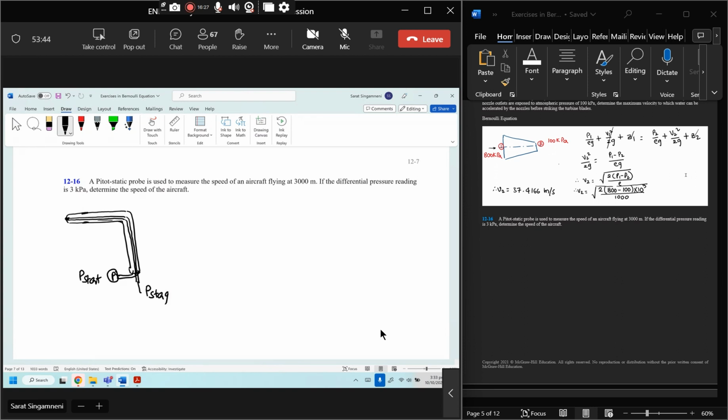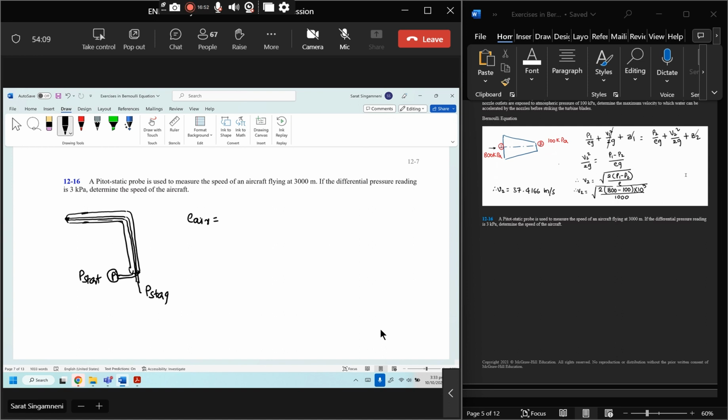The stagnation pressure is the total pressure at that point, and stagnation pressure is equal to the static pressure plus the kinetic pressure, which is V squared over 2g. So from this, the density of air, so if that data is not given in the problem, don't worry. In the exam, if I give this problem, I will provide you with this data.